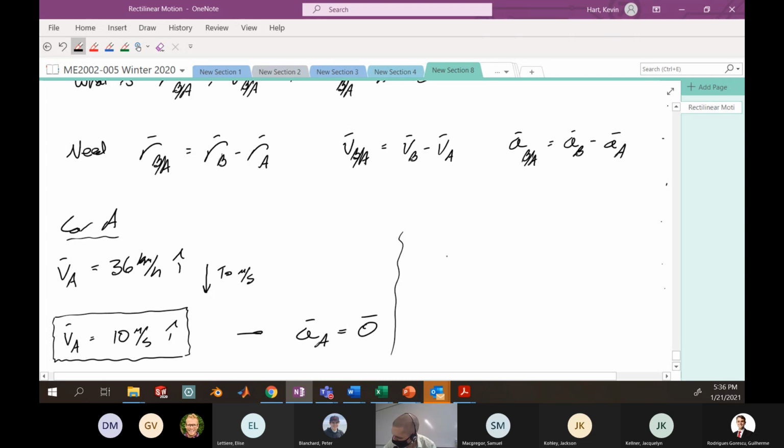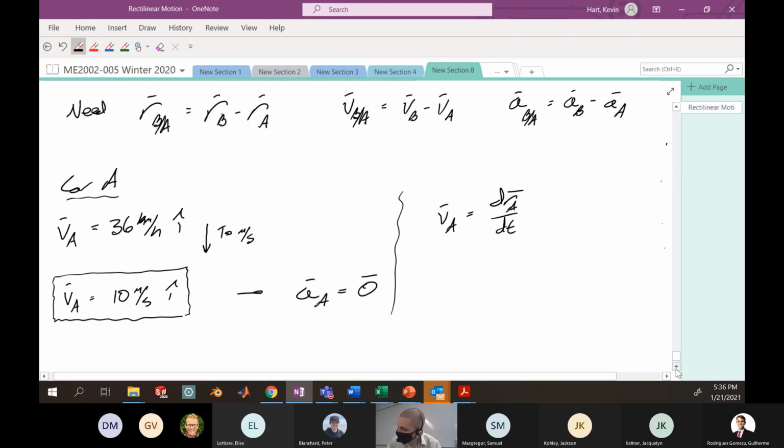Now, I also need my position of object A. For that, I lean on this. So we would have something like the position differential of object A is the velocity of A dt, our general form here.